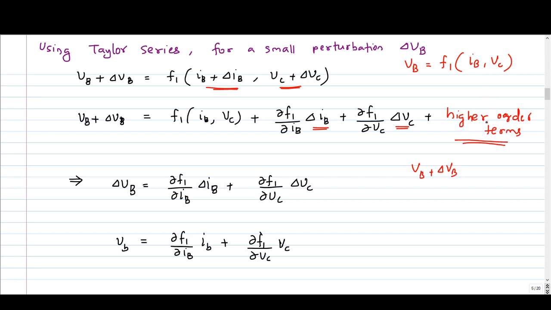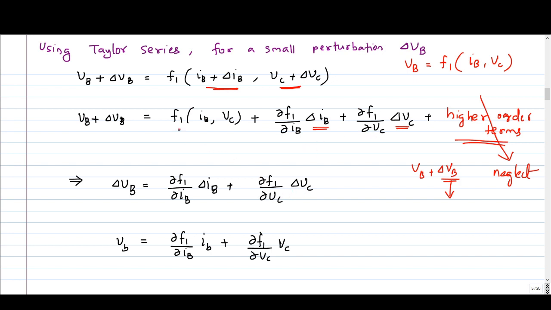So here comes the important condition. If delta VB, delta IB, delta VC, these increments are sufficiently small, then you can neglect these higher order terms. So if I neglect these higher order terms, it simply becomes delta VB is equal to dou f1 by dou IB into delta IB plus dou f1 by dou VC into delta VC.